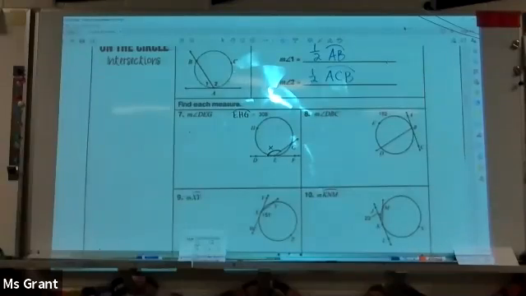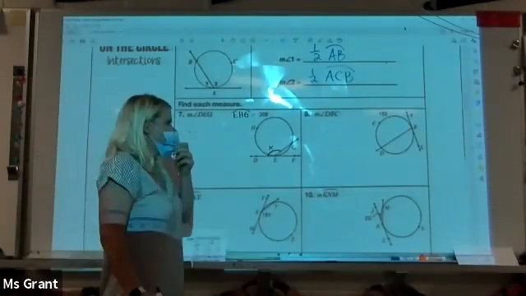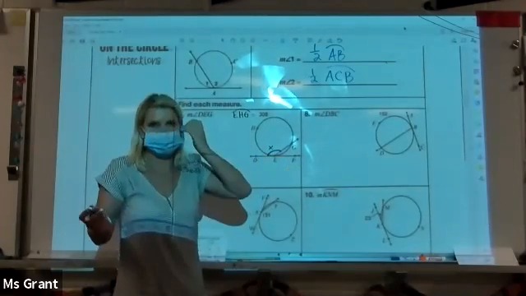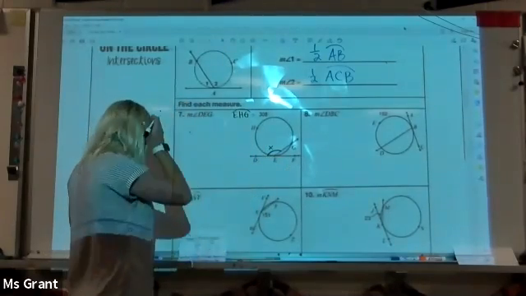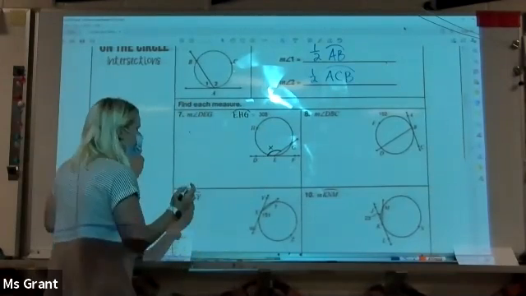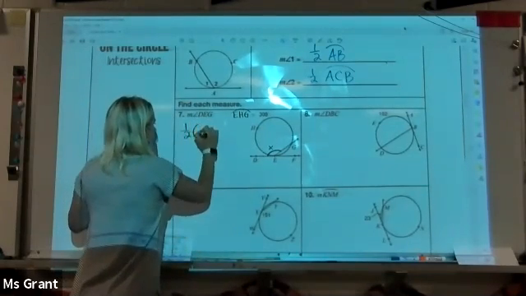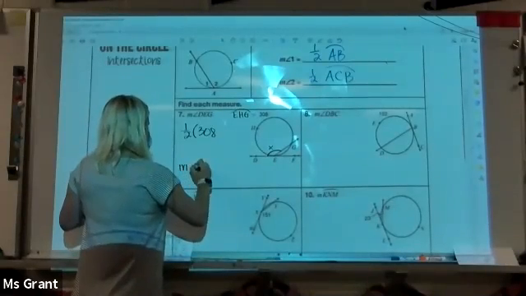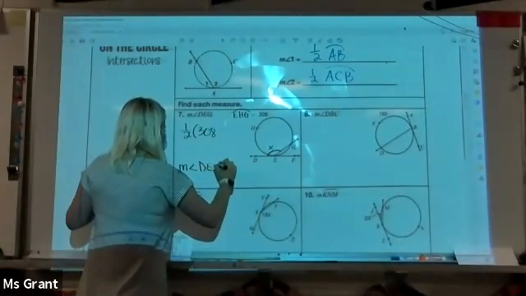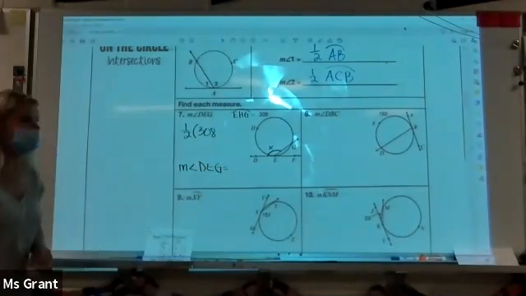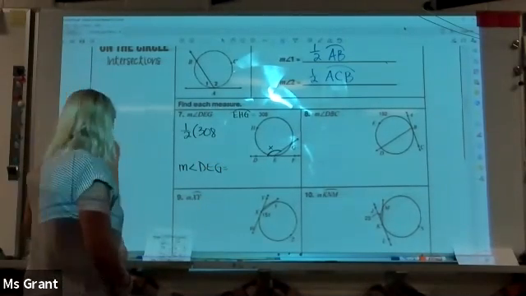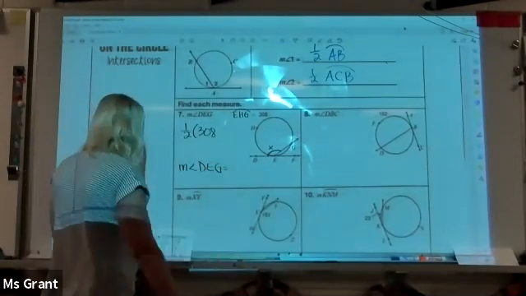And you can say, hey, that makes sense because the whole circle is 360. So it makes sense that most of it is the EHG. So I'm going to go half of 308. The measure of angle DEG is half of 308. What is it?